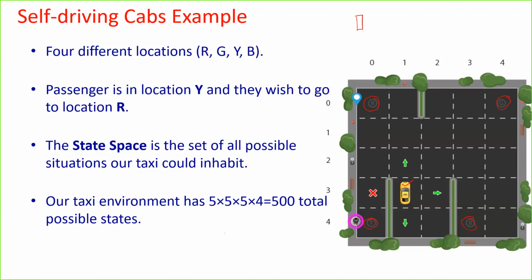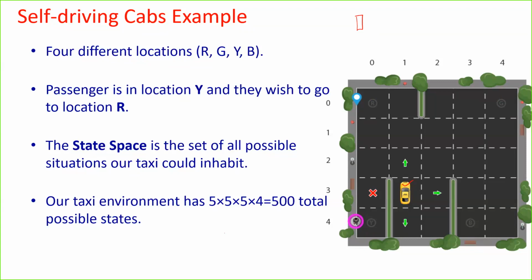How many possible actions for a car to take? Action space. Not at this moment, but in general, at any state, the maximum possible actions. The cab can move east, west, north, south. In addition to that, it can pick up the customer or drop off the customer.